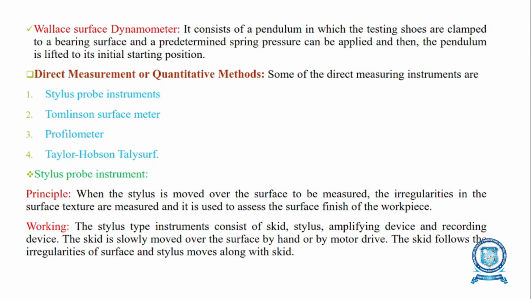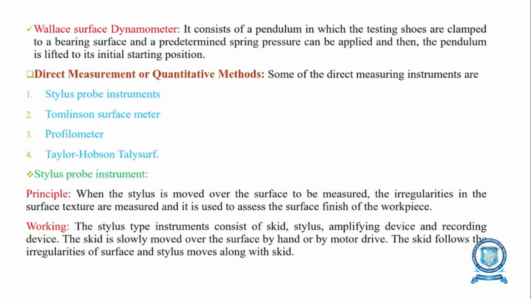Now we are going to see the working of this stylus probe instrument. The skid is slowly moved over the surface either by hand or by a motor drive. The skid follows the irregularities of the surface and provides a datum for the measurements.